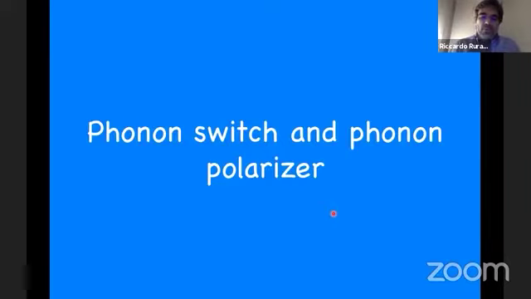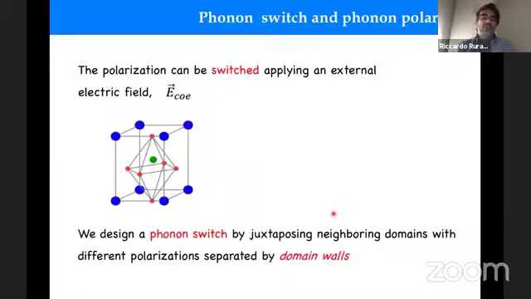I would like to start with what historically has been the first topic that we tackled. I think it's also very useful to introduce the whole idea behind this electric field manipulation of the lattice. Now you are already as expert as I am on ferroelectric perovskites. This is the ferroelectric ground state. In this case, we have arbitrarily chosen a ferroelectric distortion pointing upward.